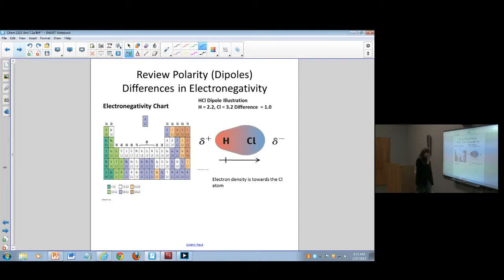And so here we have this hydrogen chloride again, or hydrochloric acid. In this case, you can see that the net dipole is towards the chlorine as the electron density is pulled towards the chlorine, and the blue represents electron density. Okay, so that's partially negative.